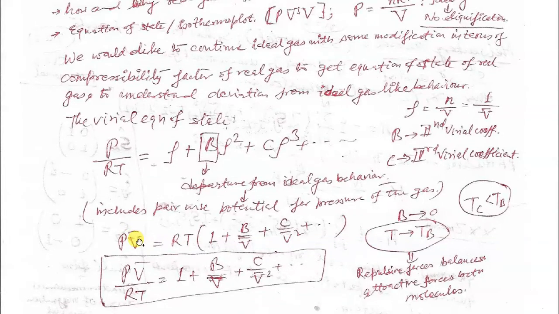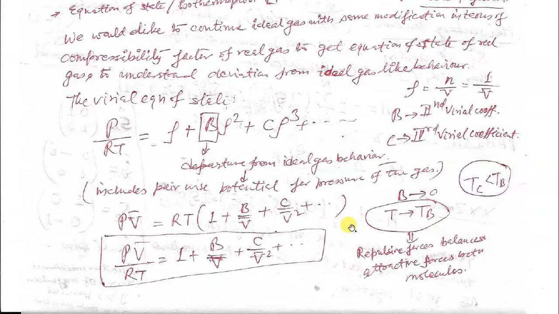Sorry, P V bar is equal to RT times the bracket 1 plus B upon V bar plus C upon V bar squared, and so on. So this is nothing but P V bar upon RT equal to 1 plus B upon V bar plus C upon V bar squared, and so on.